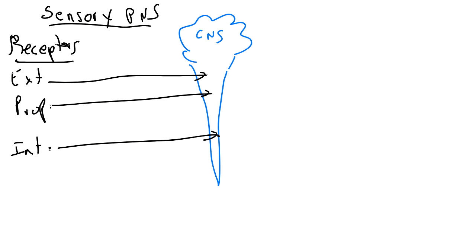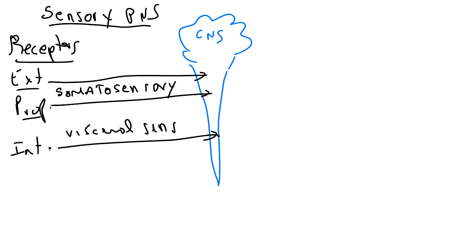These nerves were called somatic sensory, or somatosensory, if the information came from exteroreceptors or proprioceptors, or visceral sensory, if the information came from organs inside the body. This was also called the afferent division of the PNS.